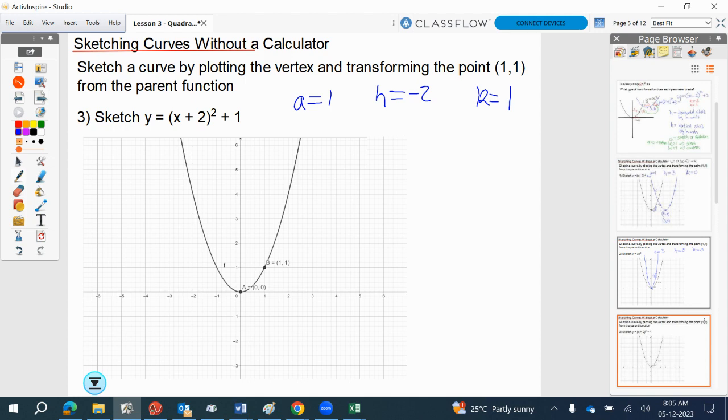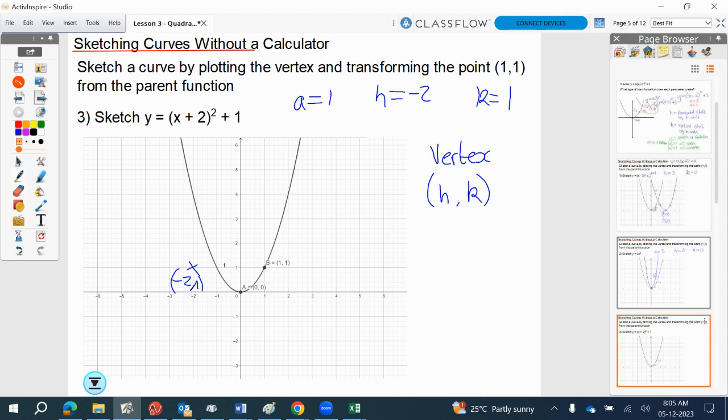The vertex is always going to be at h, comma, k. What are the coordinates of the vertex? -2, comma 1. So we go -2, comma 1. The vertex is going to go here. -2, comma 1.